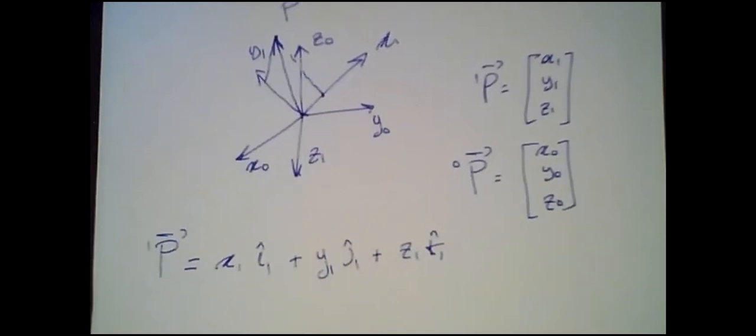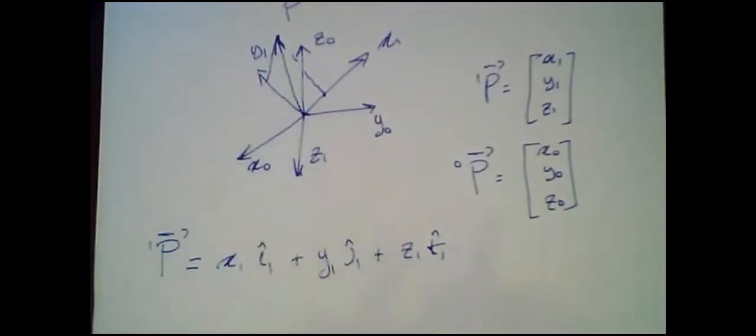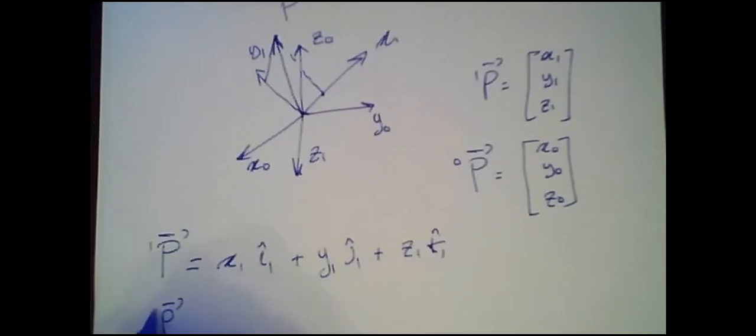Okay. Now, what I can do is I would like to project this vector along i0, right? And you guys know that if you want to project a vector, all you do is the dot product.